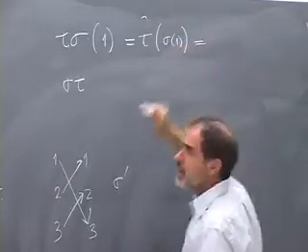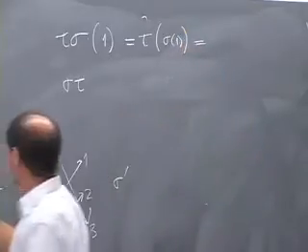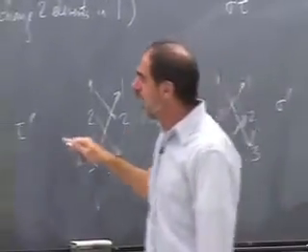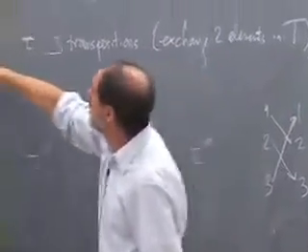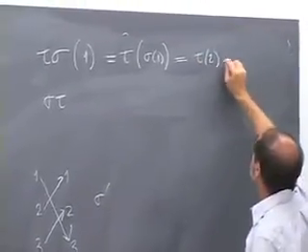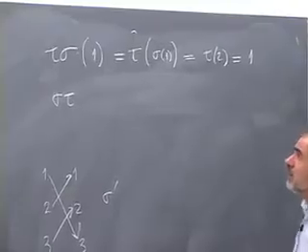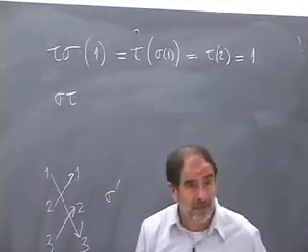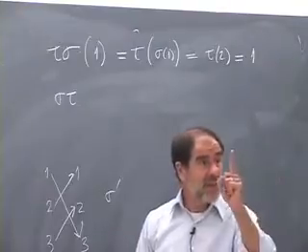Sigma of 1 is by definition 2, and tau of 2 is 1. So this permutation, whatever it does, fixes the element 1.